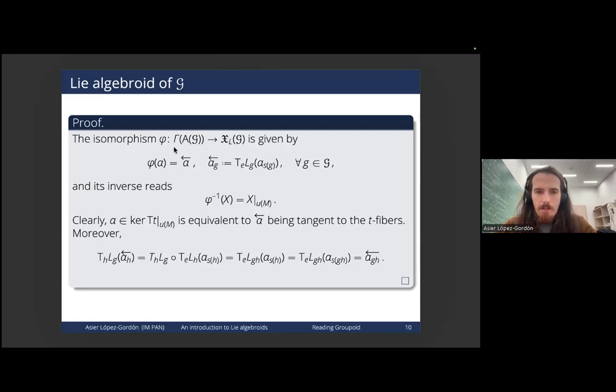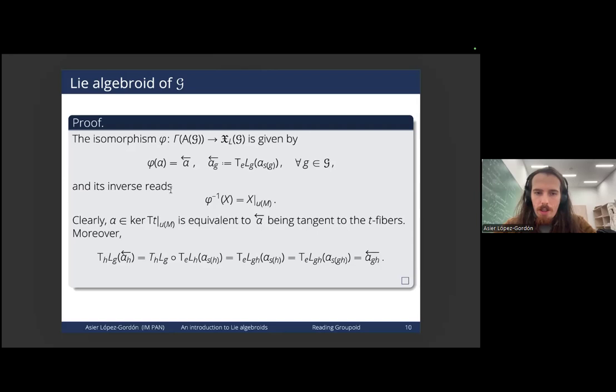So basically, for a section of the vector bundle A of G, we define the corresponding left invariant vector field at a point g by acting: we take the left translation by g and its tangent map at the identity, acting on the section evaluated on the source of g.